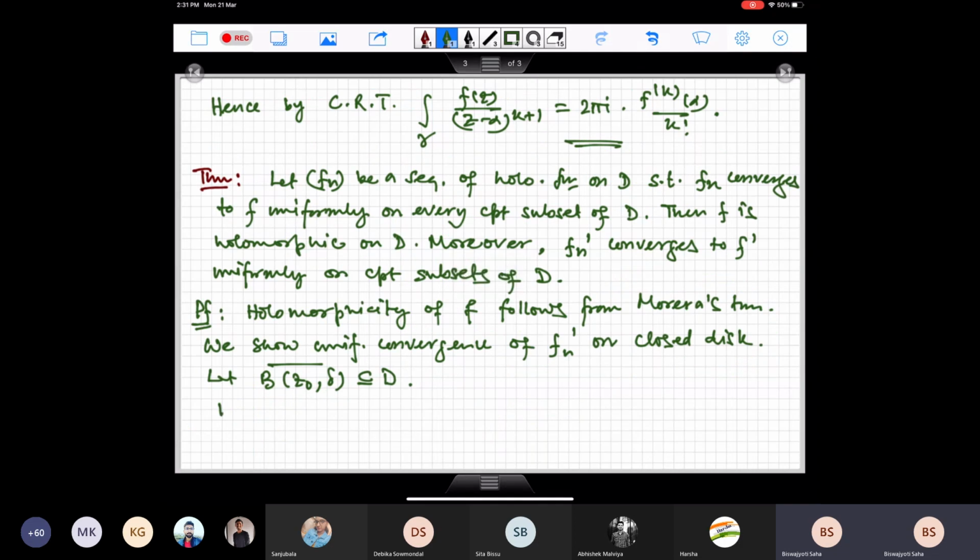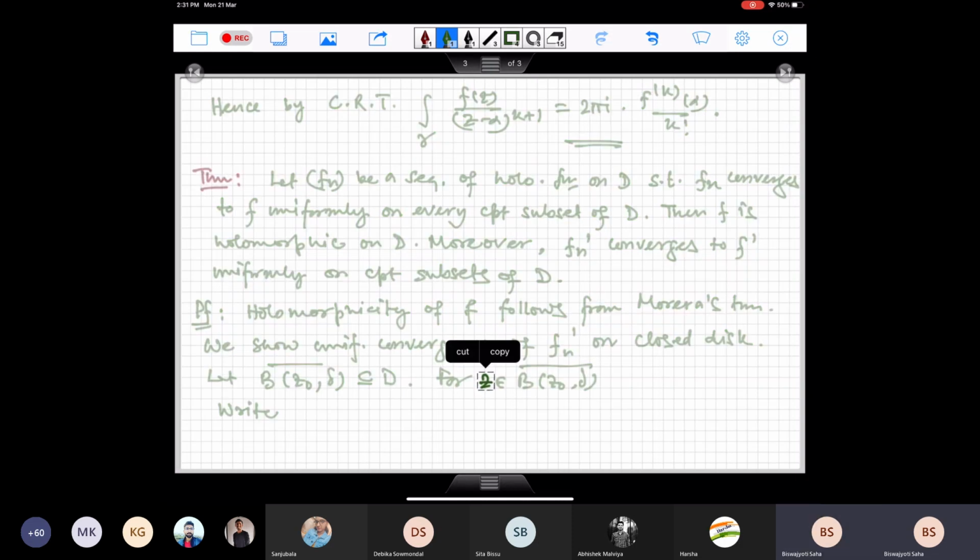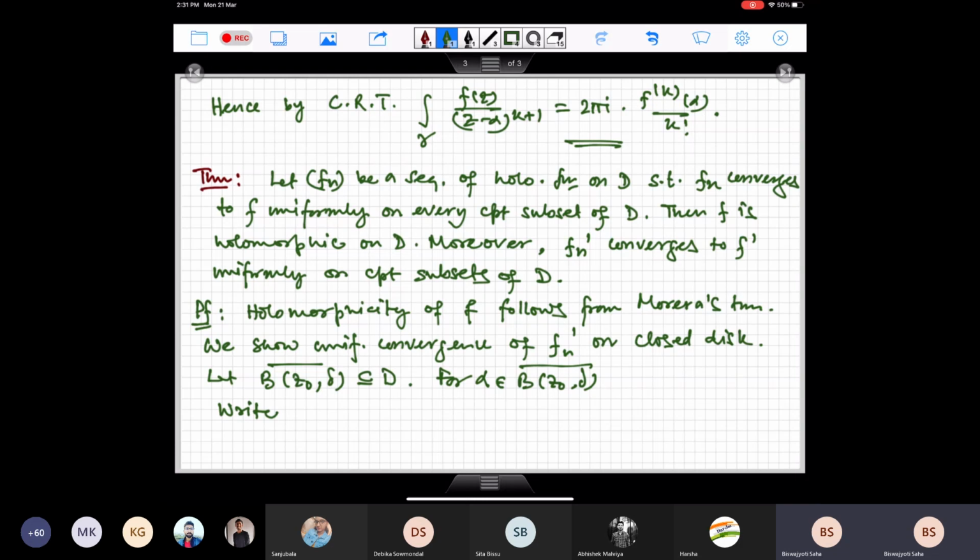So for alpha in the closed disk B(z naught, delta) bar, Fn prime at alpha is 1 upon 2 pi i times the integral over the circle gamma, z naught plus delta, of Fn(z) divided by (z minus alpha) squared.